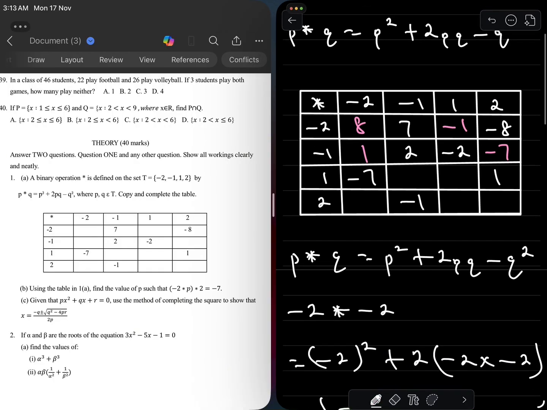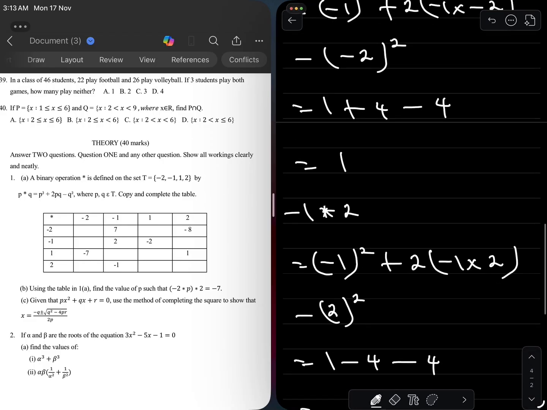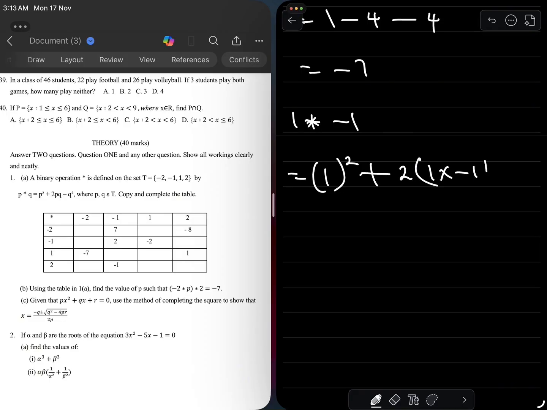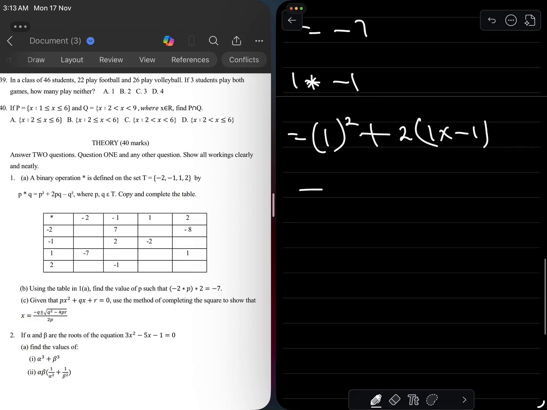Now to the next one, which is 1 asterisk minus 1. What is 1 asterisk minus 1? 1 asterisk minus 1 is equal to 1 squared plus 2 times 1 times minus 1 minus the square of minus 1.